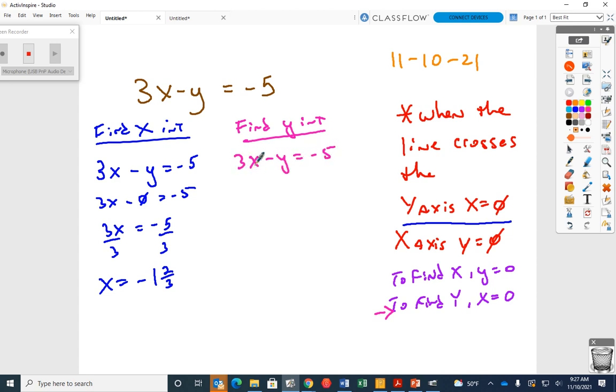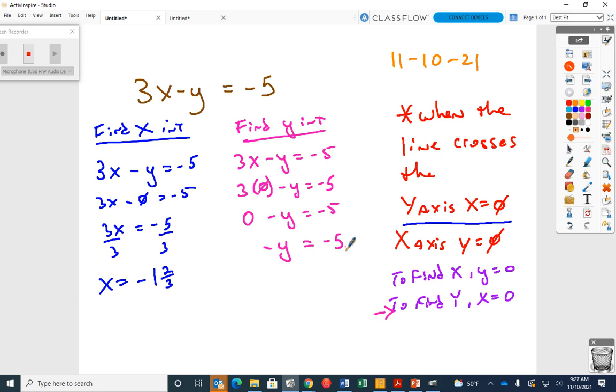What is the x replaced with? 0. Now, here's what I've got. I've got 0 minus y equals negative 5. That 0 doesn't really matter. I have negative y equals negative 5. Now, what's the problem here? Who remembers what to do? I need y by itself. Who remembers what to do when I have a variable that's by itself, but there's a negative sign in front of it? Sam.